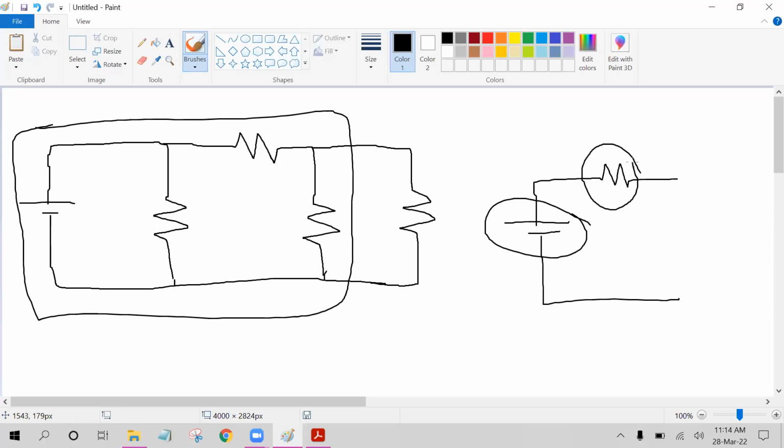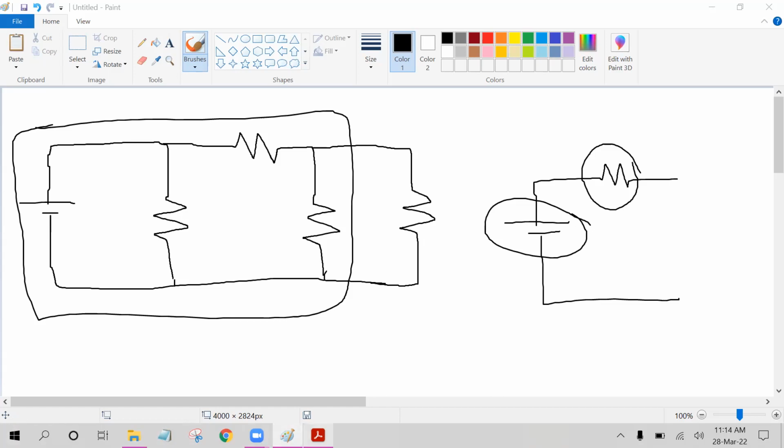Do you understand? Using Thevenin theorem, we can replace a complex circuit or a large circuit just by 2 elements. The 2 elements are, one is voltage source and another is a resistor connected in series with the source. Is it clear? Yes, sir.